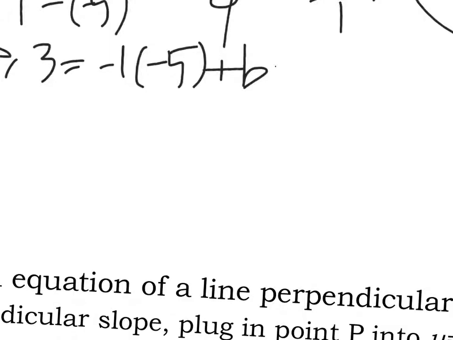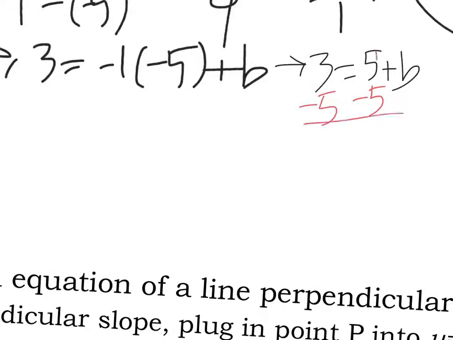That turns into 3 equals +5 plus b. I know that 5 minus 2 is 3, or if you want to show your work, subtract 5 from the other side and get -2 equals b.